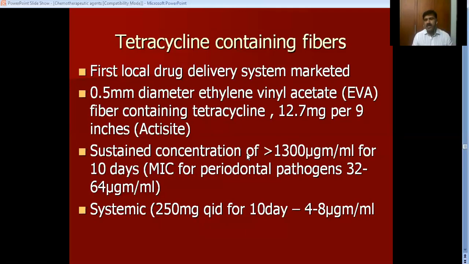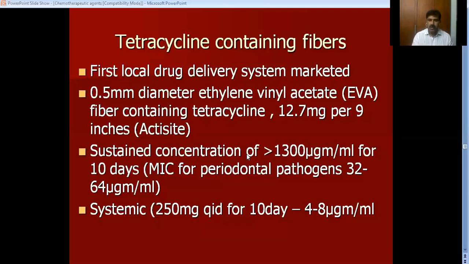Now this was the first marketed local delivery system available in the world. I don't know whether you have come across gingival retraction cords. They are small, floss-like things.